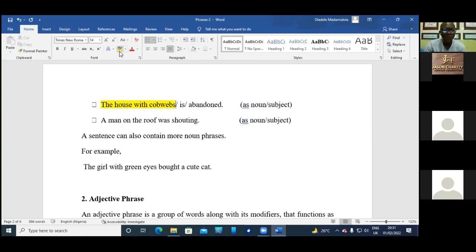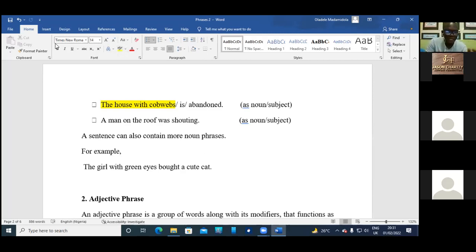A man on the roof was shouting. So what would be the noun phrase here? A man on the roof. Beautiful. Yes.